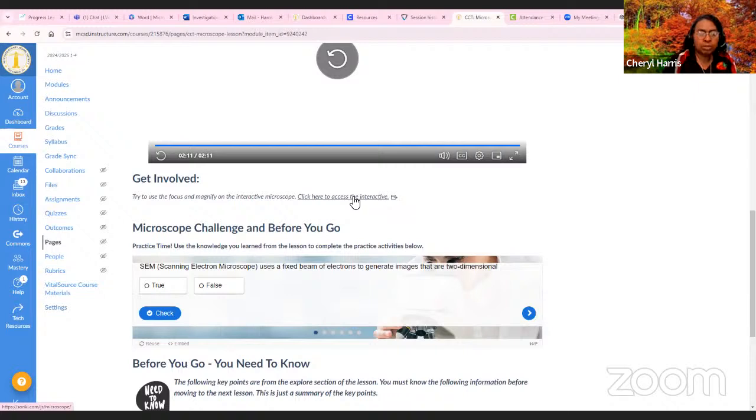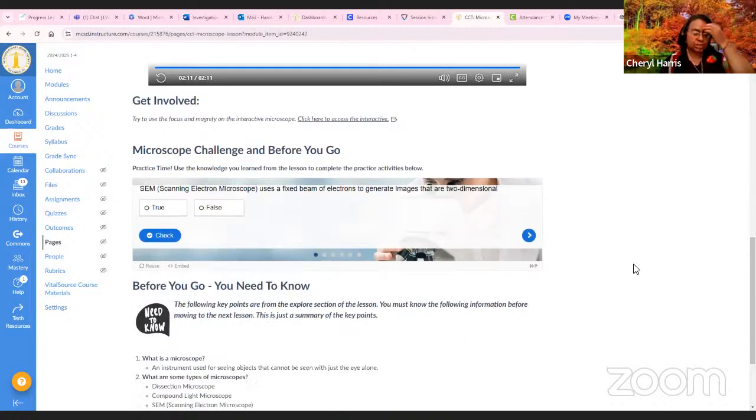We're not really able to do the interactive version because it's not very interactive. But take a few minutes to do the microscope challenge, and I'll do attendance, and then I'll come right back.